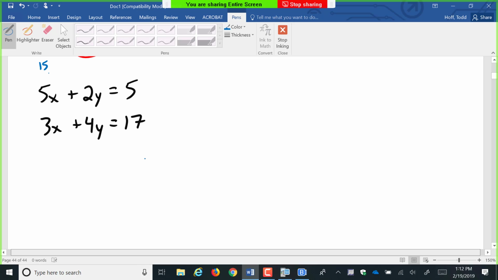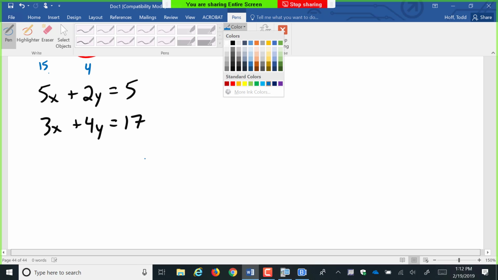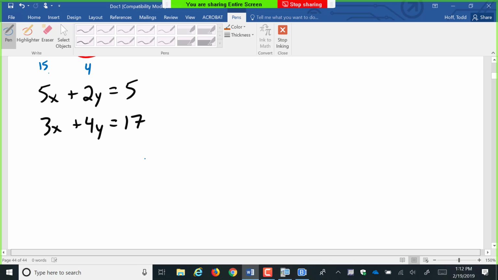How about the y? 4. So we wouldn't have to multiply the bottom equation, would we? So we'd probably want to go after the y. So what are we going to do to make that y disappear? Multiply the top one by -2. Good.